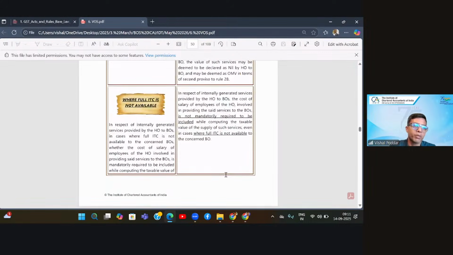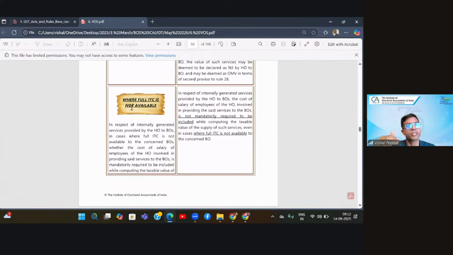Now the only problem is where my branches are not eligible for full ITC. This happens where my branches are engaged in activities which are partially taxable, partially exempt, or fully exempt.